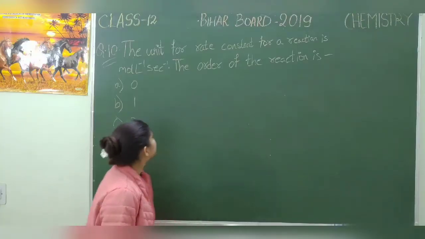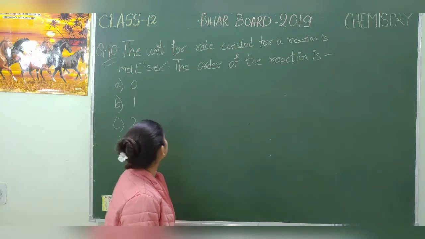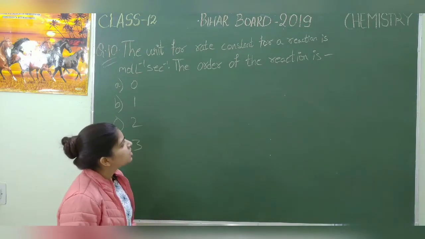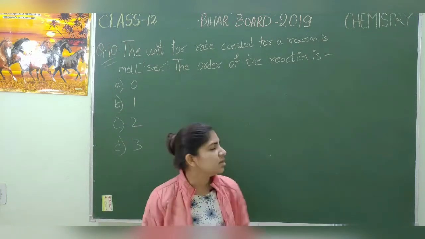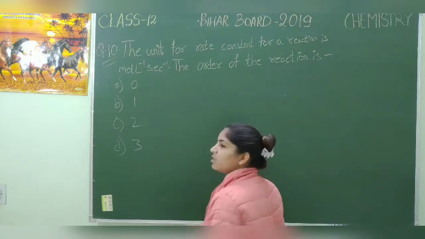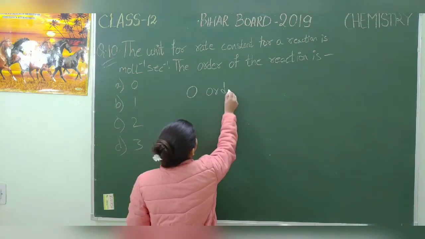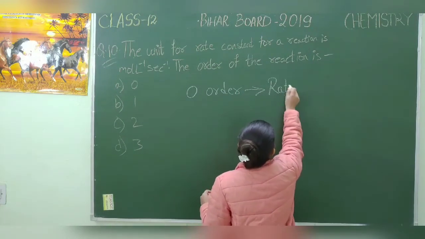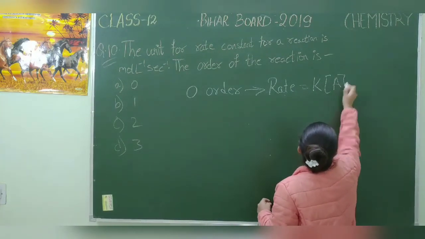Next question, that is the unit for rate constant for a reaction is mole liter inverse second inverse. We have to find the order of the reaction having the unit mole liter inverse second inverse. Zero order reaction: rate equals K concentration to the power 0.